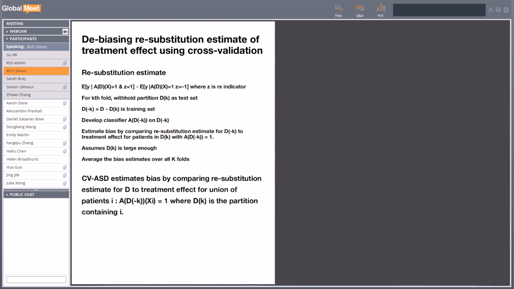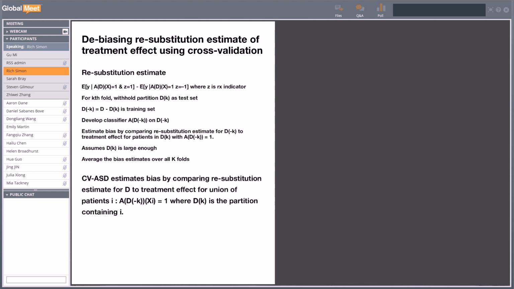That's what really had not been done before, and originally we did it in a very simple way, breaking up the clinical trial into one portion for training, for developing a predictive classifier, and a second portion for testing that classifier.